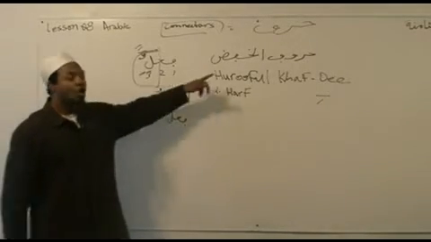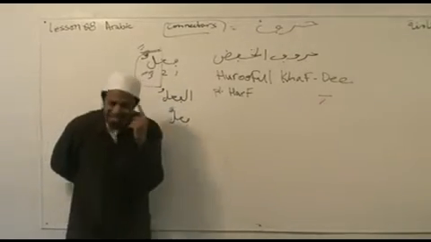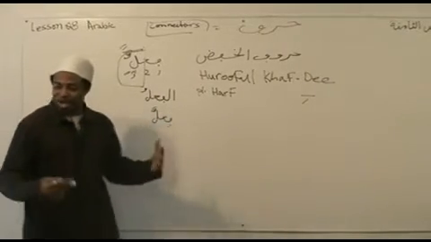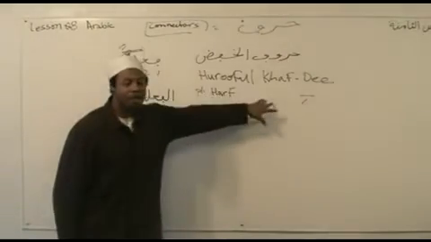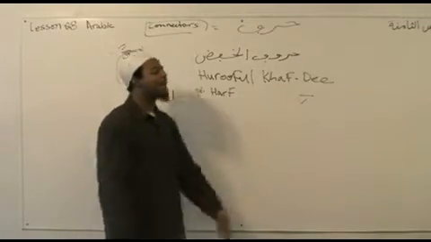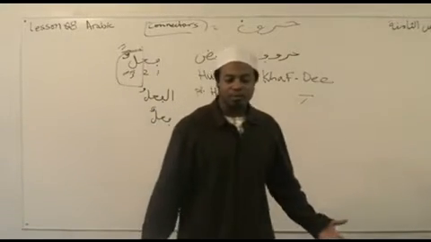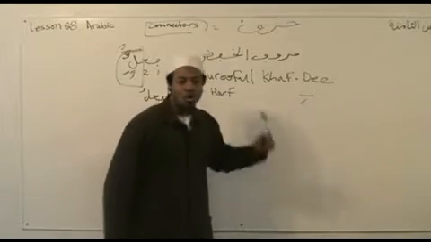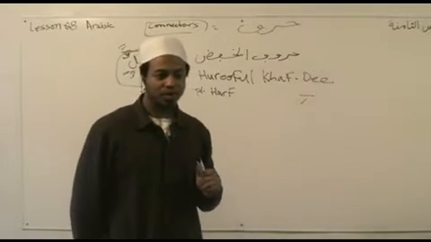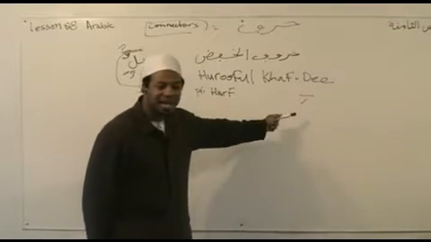Now, huruf al-khafdh, well, let's see, there's min, ila, an, and fi. So there's a bunch of huruf al-khafdh. What did we say khafdh represents? Come on, pay attention, you've got to be sharp here. It represents kasra, or what comes in the place of kasra, because not all the time does khafdh mean kasra.